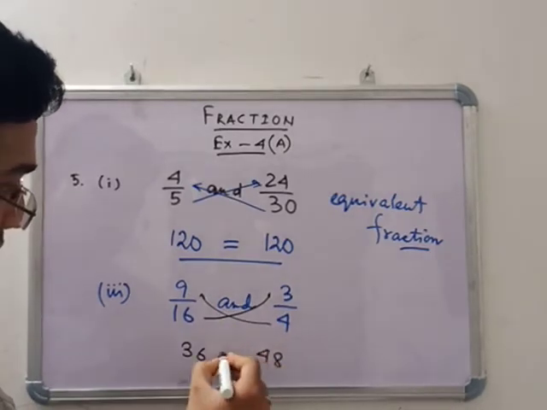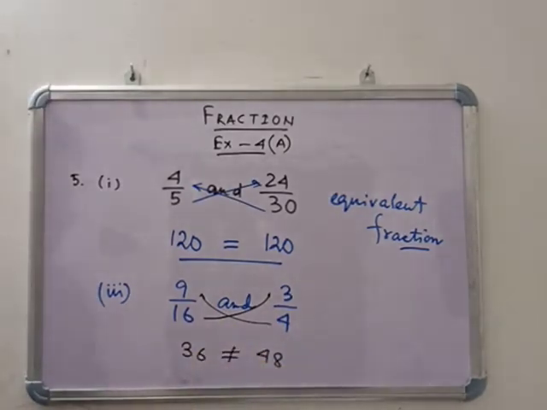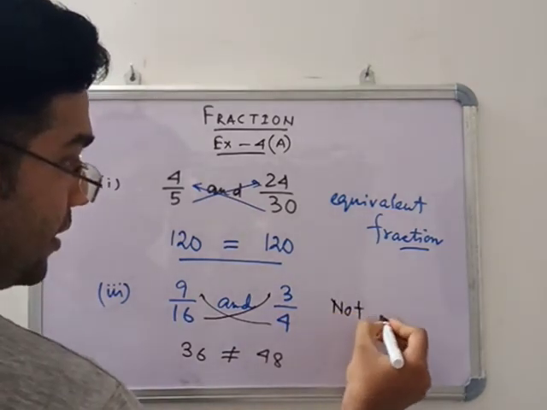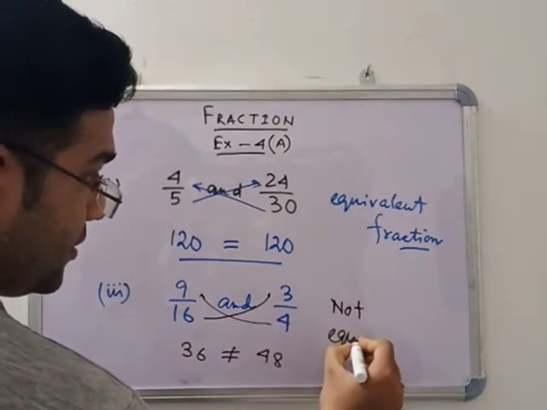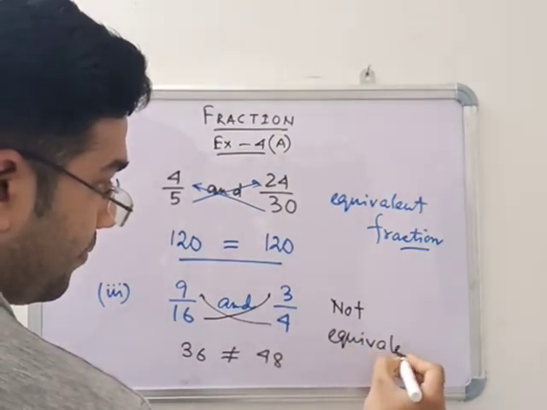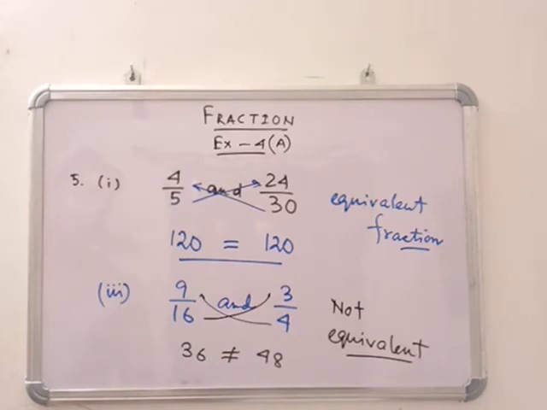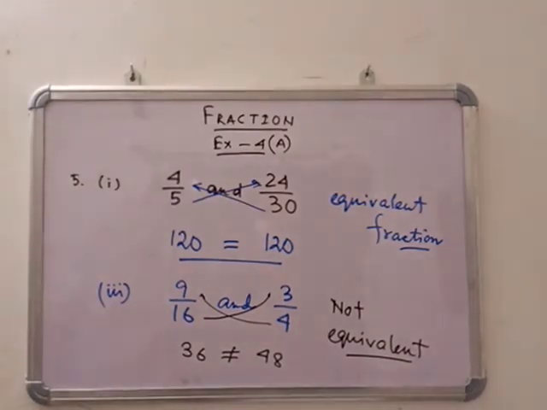So these are not equal. That means this is not equivalent. Okay. So cross multiplication, if equal, then equivalent. If not equal, then not equivalent. Okay. Next one.